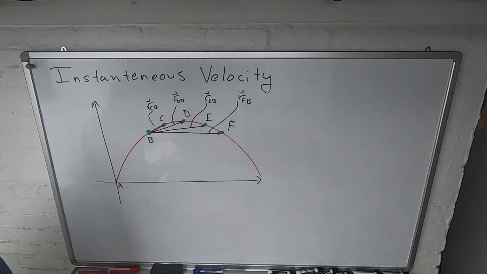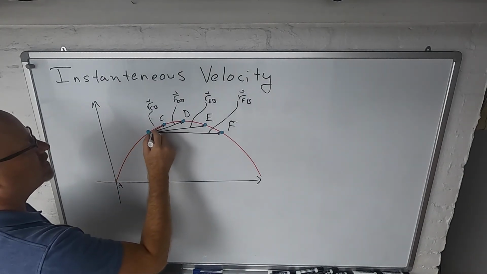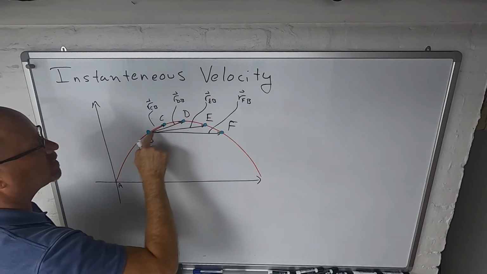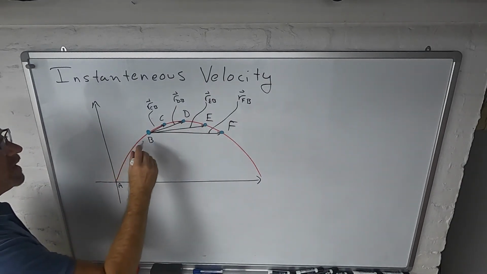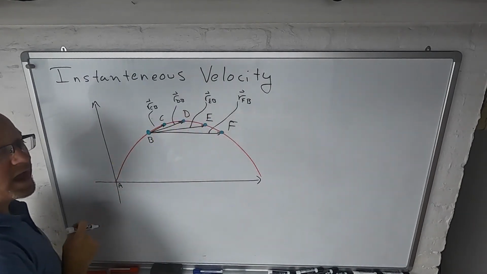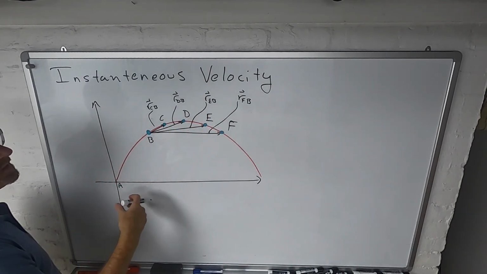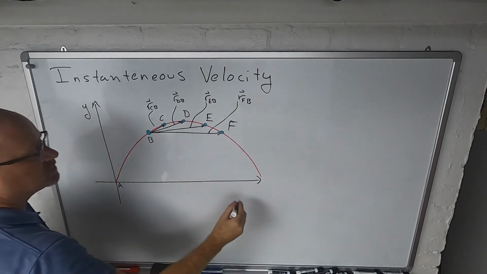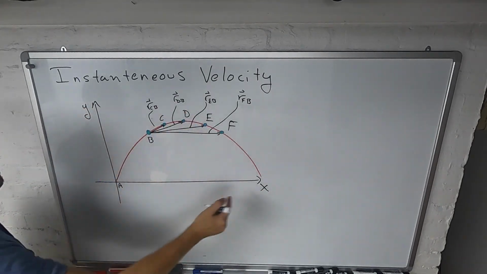Now, the average velocity during these intervals would be, of course, this position vector here, or here, or here, divided by the amount of time that the ball traversed along this path. So the amount of time that's elapsed, and again, these are positions here. So this is the Y position, this is the X position. I kick my ball up in the air.